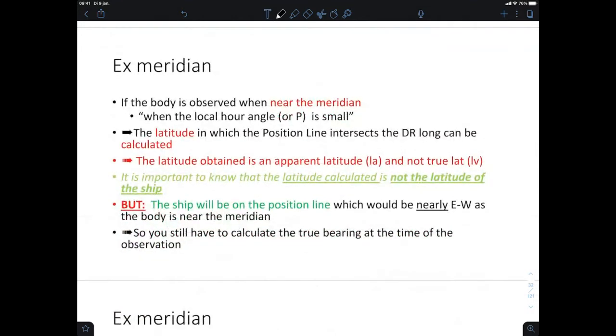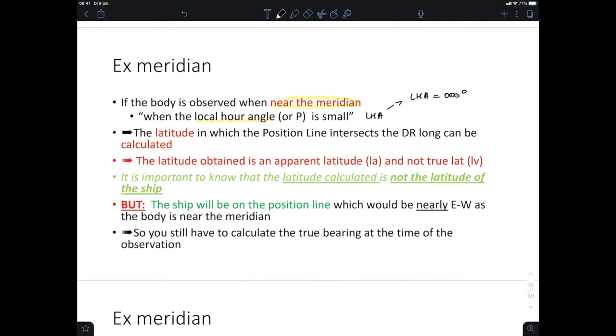Voilà. So if the body is observed when it is near the meridian, then we know that our local hour angle, our LHA, will be small, because it's near the transit, and we know that at the moment of transit the LHA is 0 degrees, and our polar angle is subsequently also 0 degrees. Voilà.